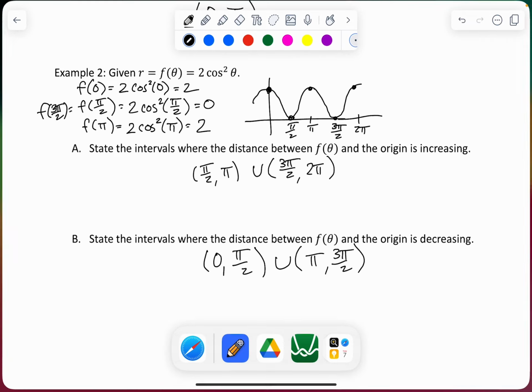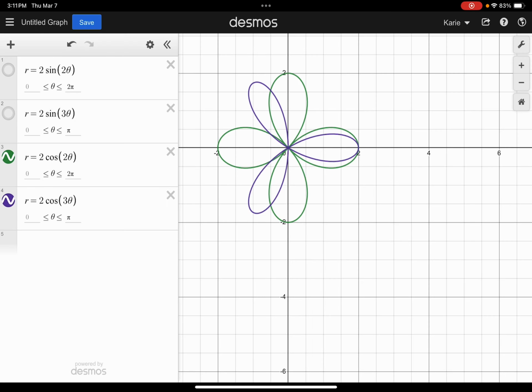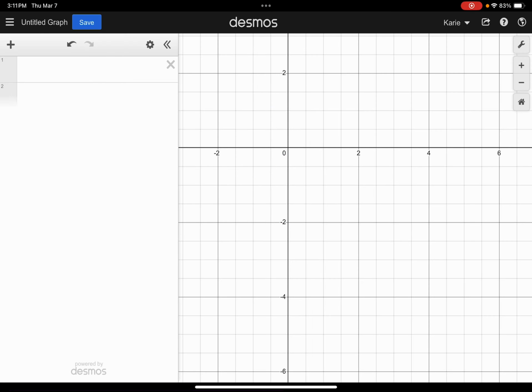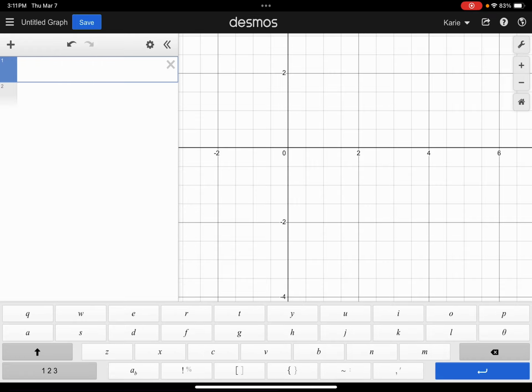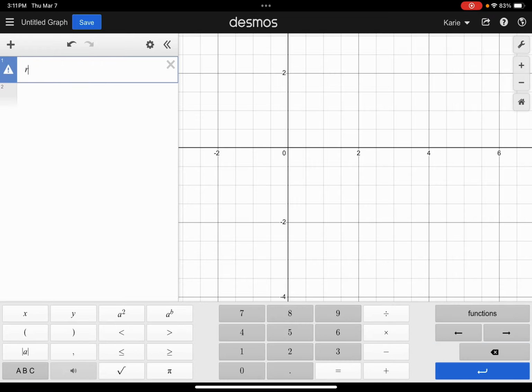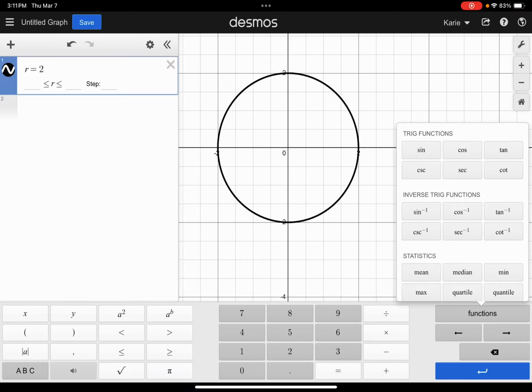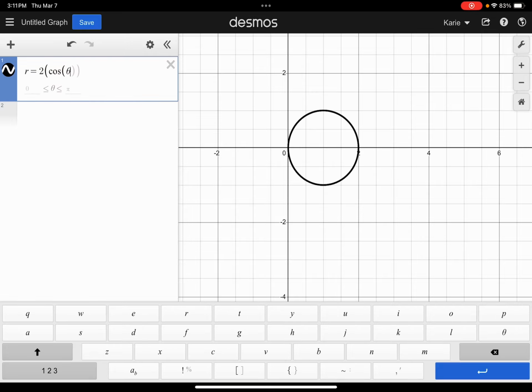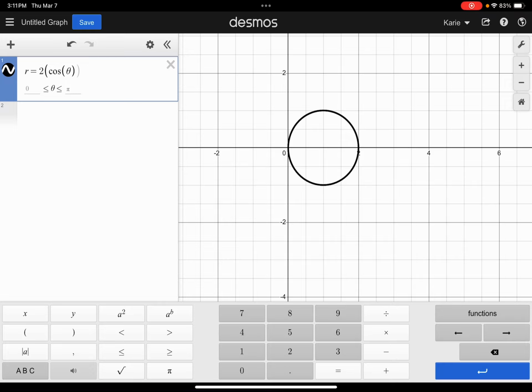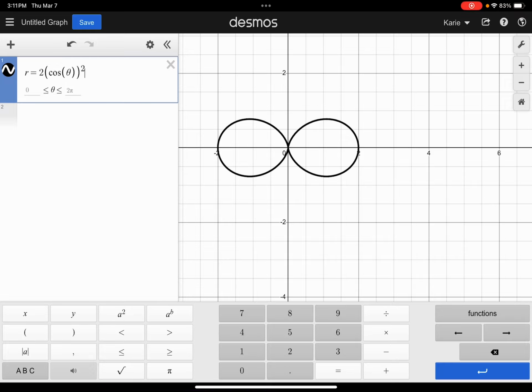Let's take just a second. Let's see if I can go to Desmos. If I have R, I have to come over here, R equals, oh, I just forgot the equation. Was it 2 cosine theta, close parentheses, squared?